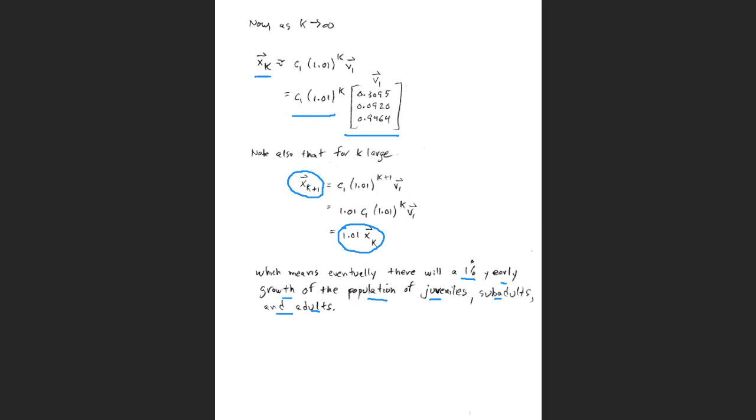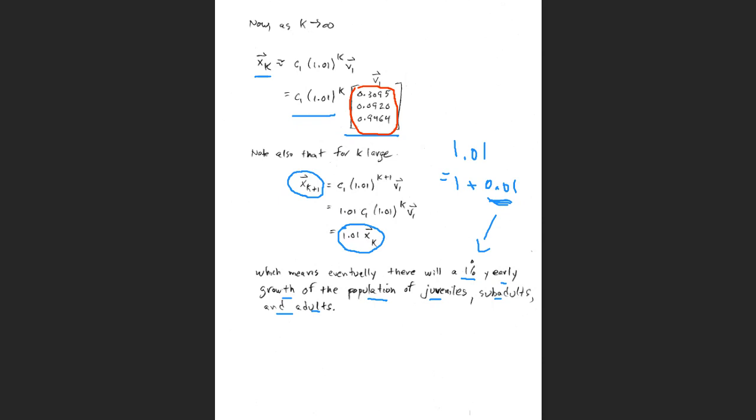So far, we've made use of the eigenvalue, because 1.01 equals 1 plus 0.01, and that 0.01 gives you the 1% yearly growth. But we've not made use of the eigenvector in this problem. Notice the eigenvector values are all positive here in this case.